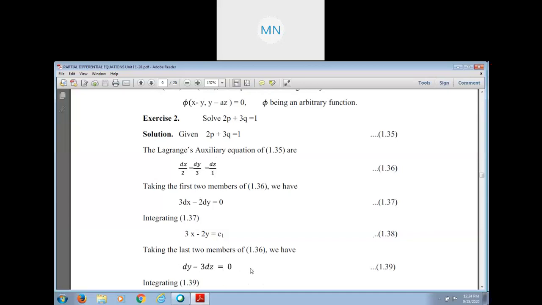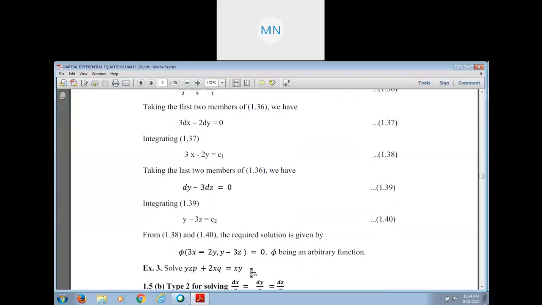After that integrate this one. By integrating, we get y minus 3z equals c2. Understand? These are the independent solutions, and the required solution is phi of c1 comma c2 equals 0, where phi is any arbitrary function. Understand?